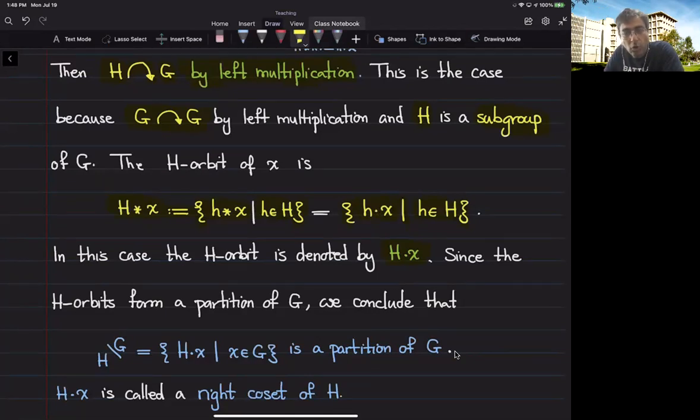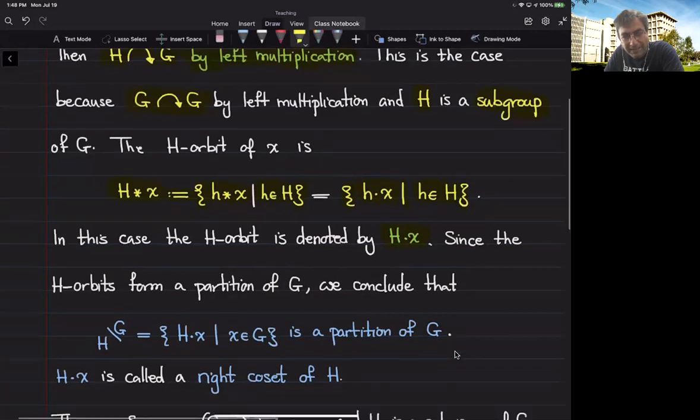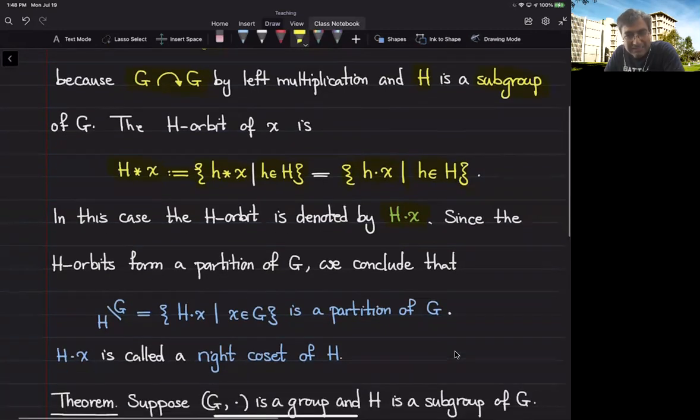And we are going to call this a right coset of H. The set of all the right cosets is going to be still denoted by G quotient by H, or factor of G by H, from left.